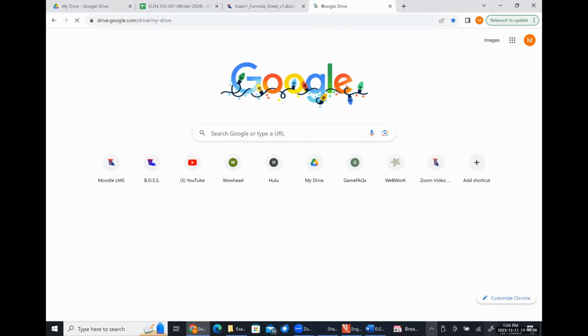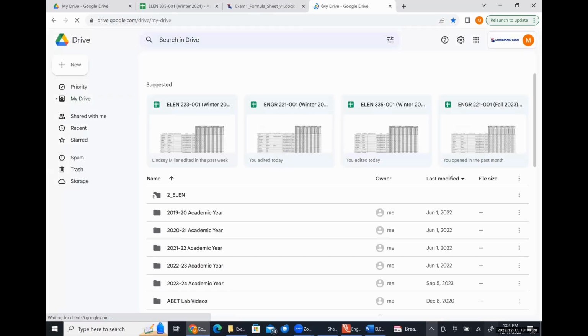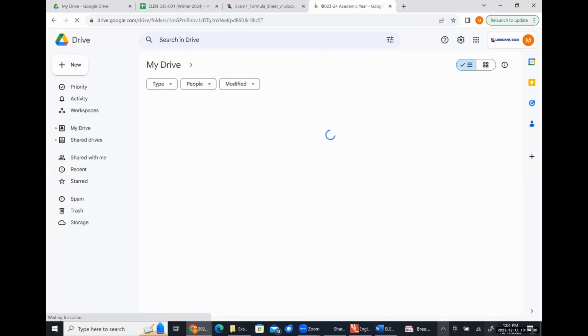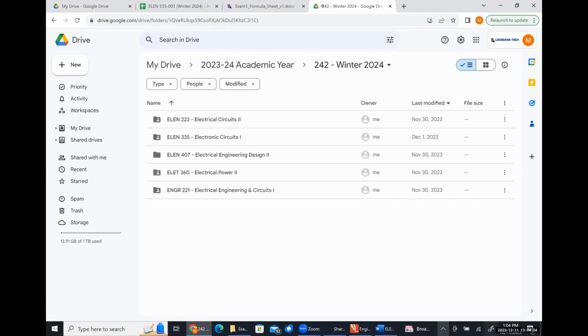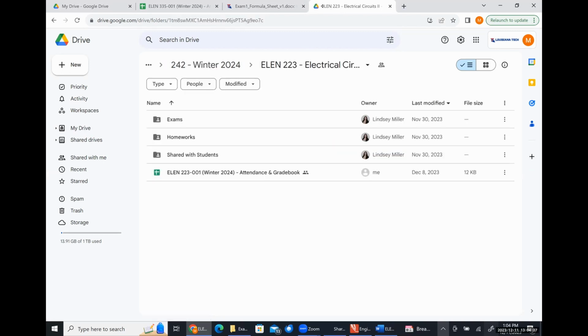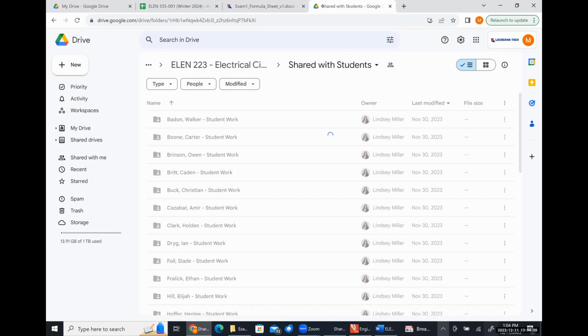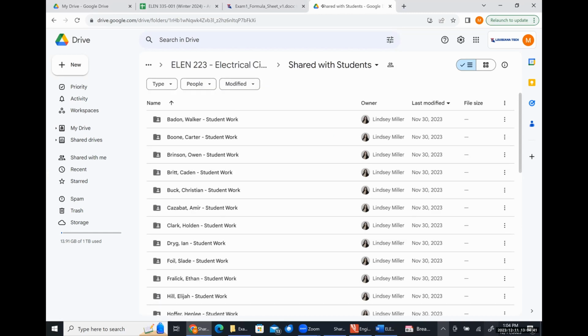My drive, let's just do it using a touch screen. 2023 to 24, Winter circuits 2 shared with students. Every single one of you has a folder with your name on it, and it has been shared with you on your Google Drive.